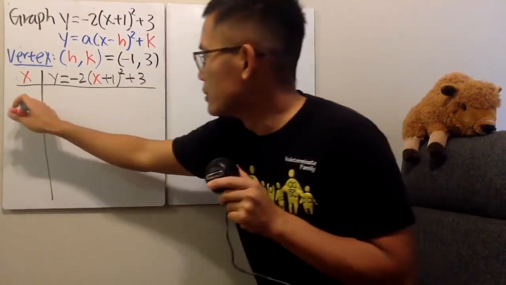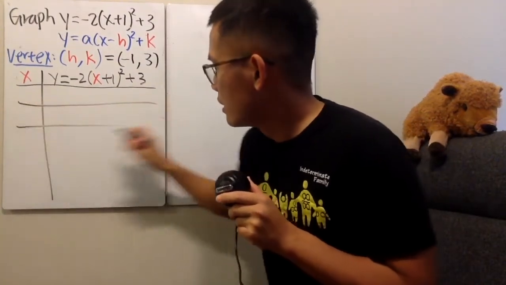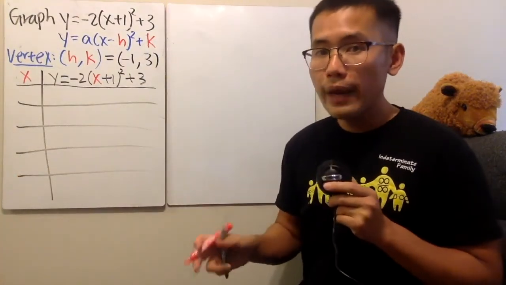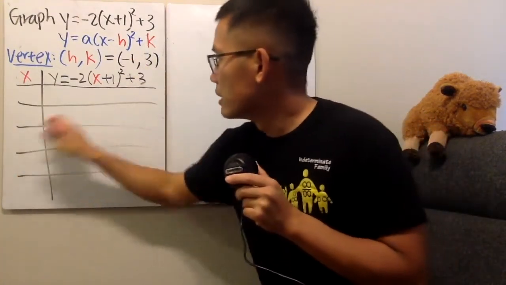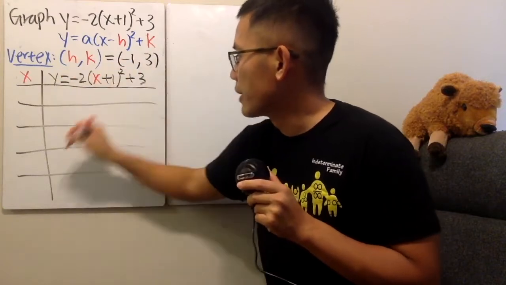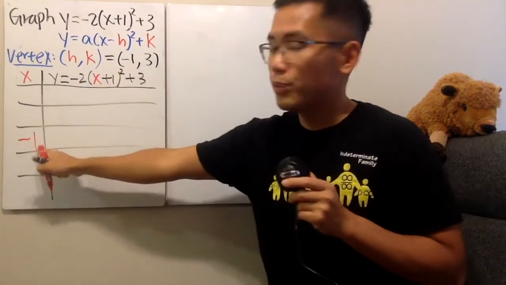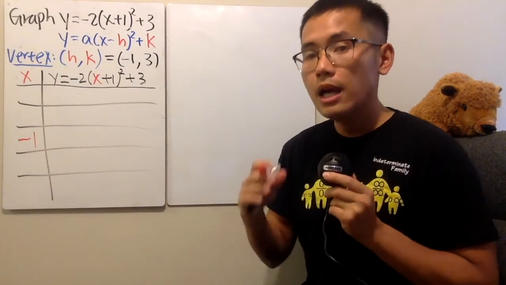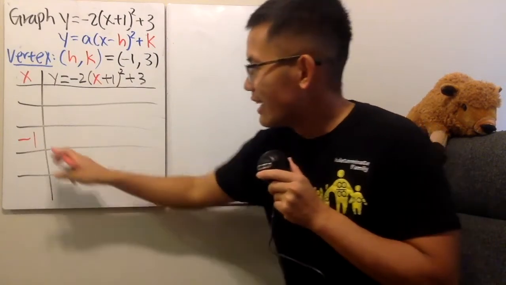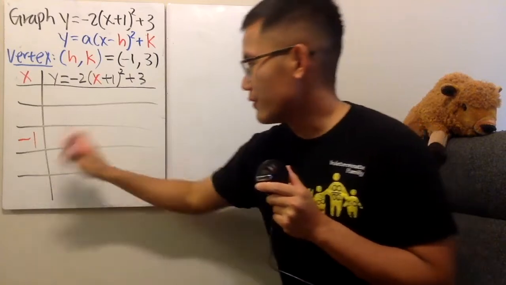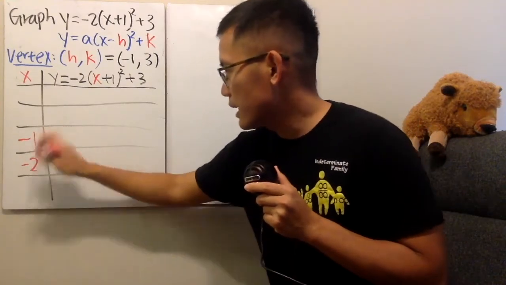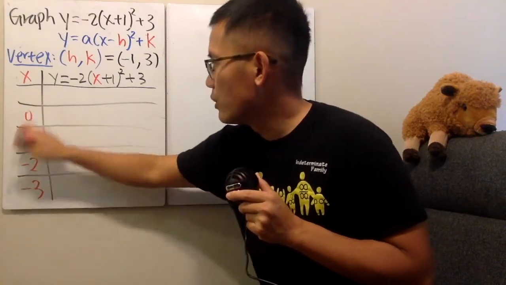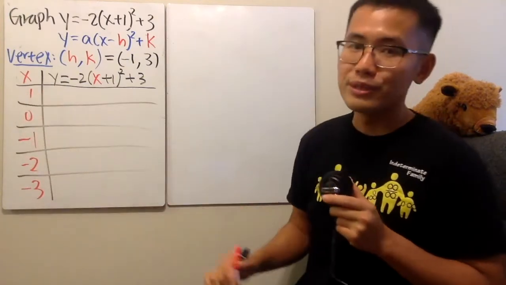And again, let me just draw the 5 rows right here. And you always put the vertex, which is this right here. This is the x value, so you put that down right here, right in the middle. And what you do next is pick the neighbor numbers. Here we have -1, so of course you will get -2, -3, and then you can also have 0 and 1, right? Just the neighbor numbers.